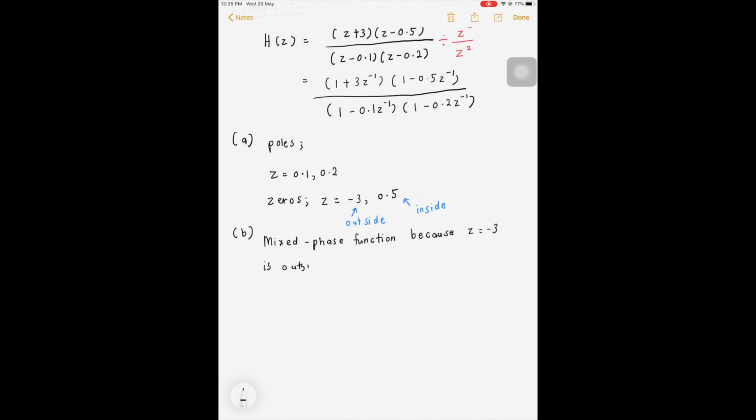Because z equal to minus 3 is outside the unit circle and z equal to 0.5 is inside the unit circle.